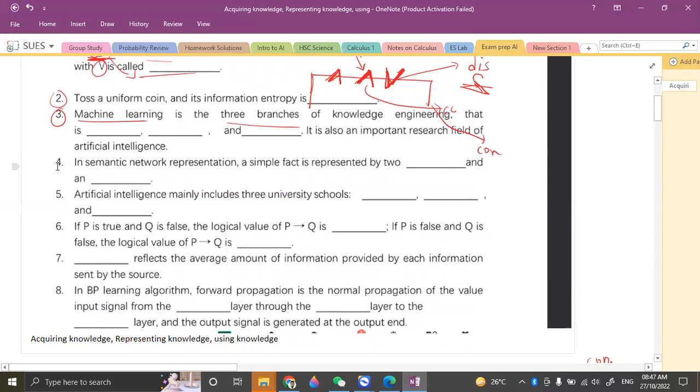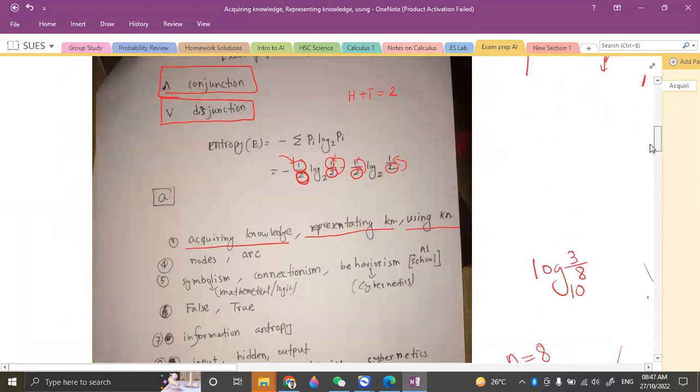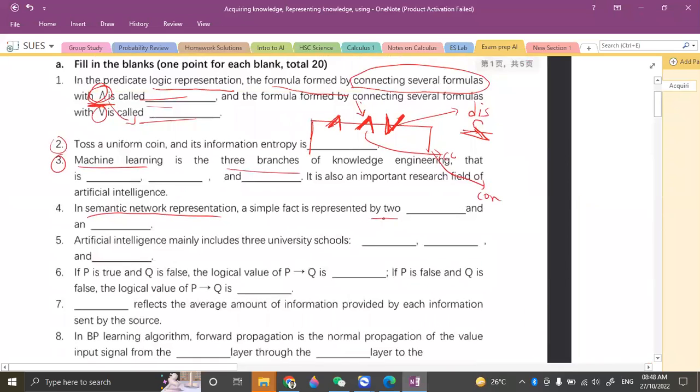And in semantic network representation, a simple fact is represented by two dash and dash. So in semantic network representation, it is represented as two nodes and an arc maybe. I'm not sure what the teacher said here, but it may be an arc or something. But you know that it is represented by two nodes.